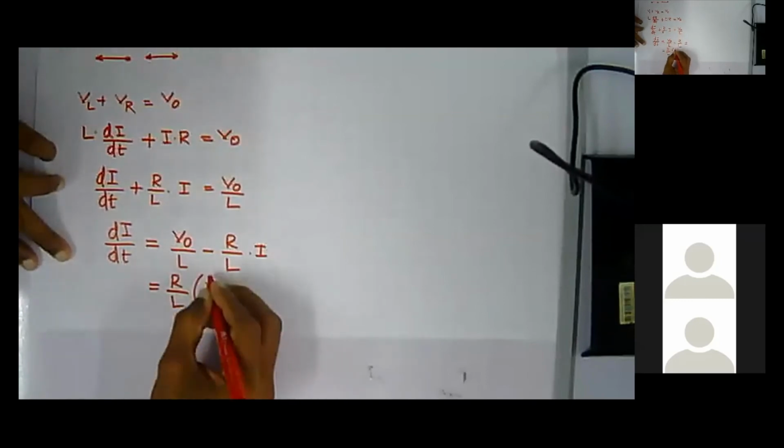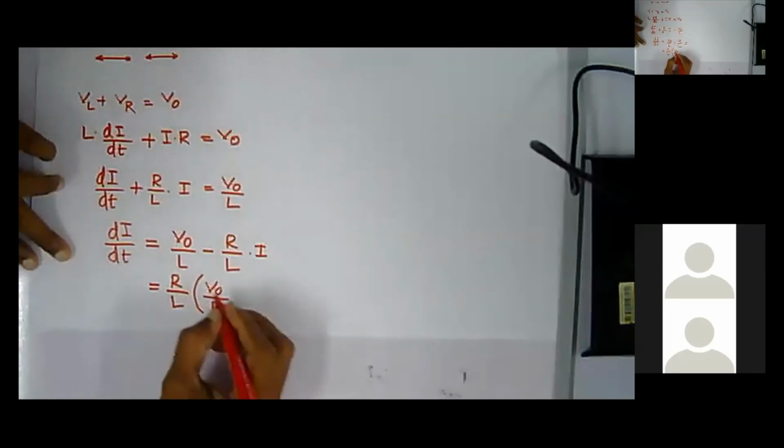If you multiply this, the R will get cancelled, and you will have simply this one.